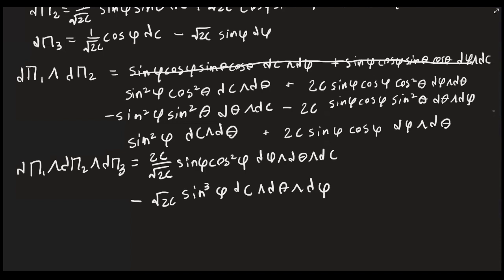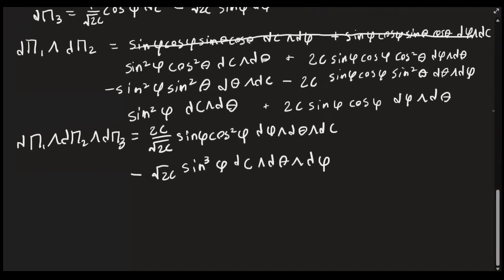Okay, now we want to combine these, but we got to get the order straight. So this we can just cyclically move c back to the front and scoot the other two and not pick up a sign. And then this one we can just swap phi and theta and we switch the minus to a plus. And then this term right here actually cancels down to 2c.